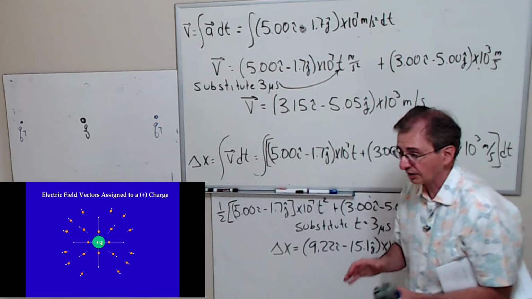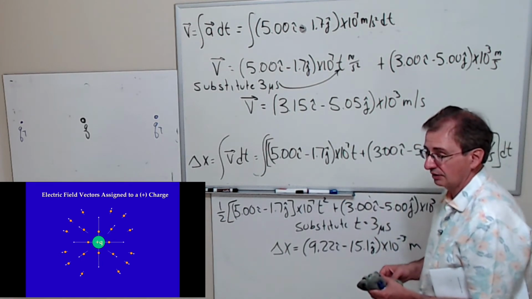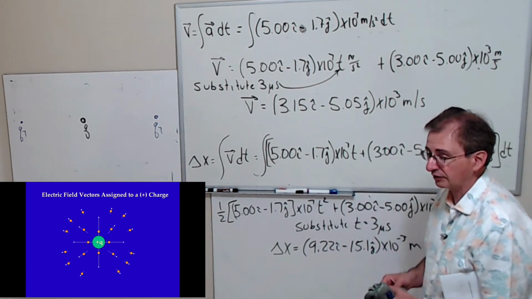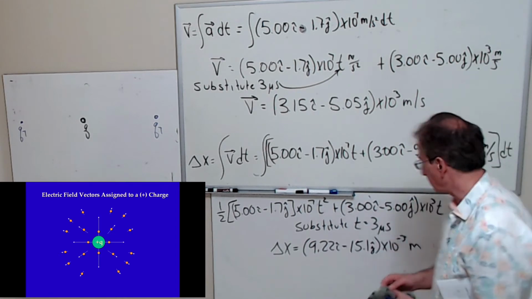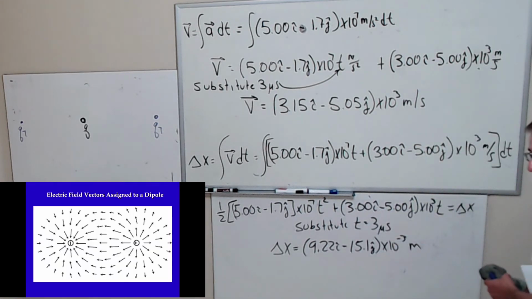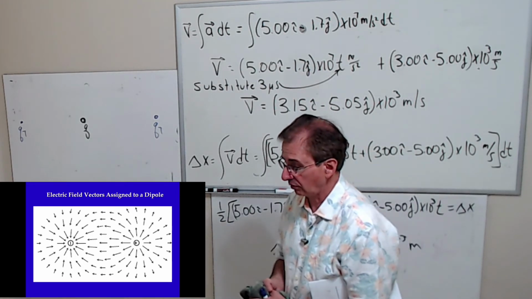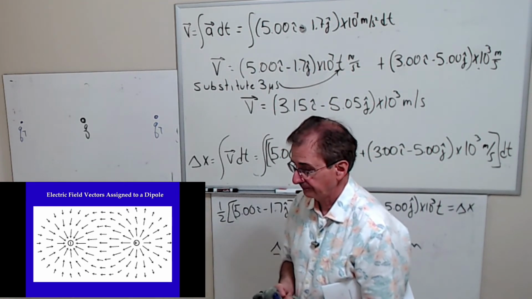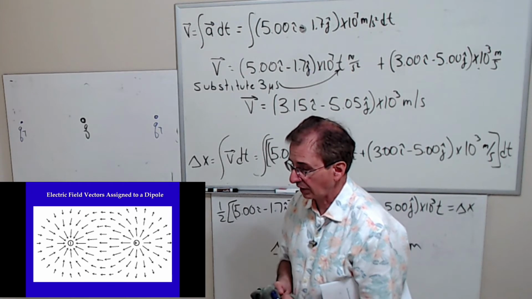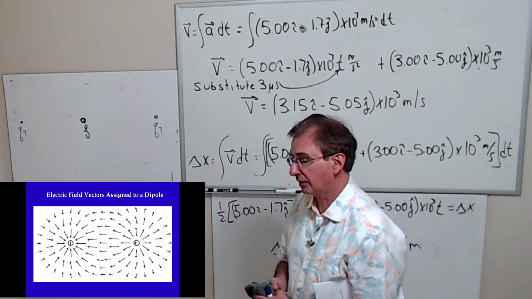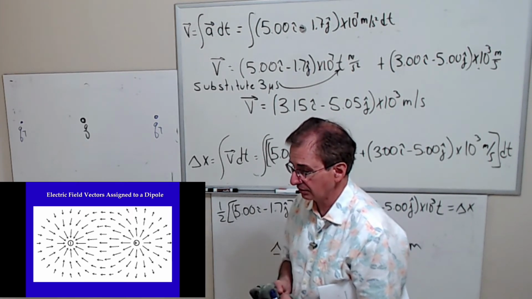Okay. So those are the vector fields. That's plotting the vector field due to a point charge. Here's another one showing you the vector field due to a dipole. So how did I get that? Well, I put a test charge at some location.